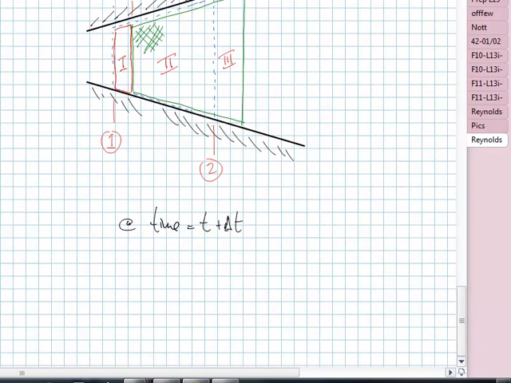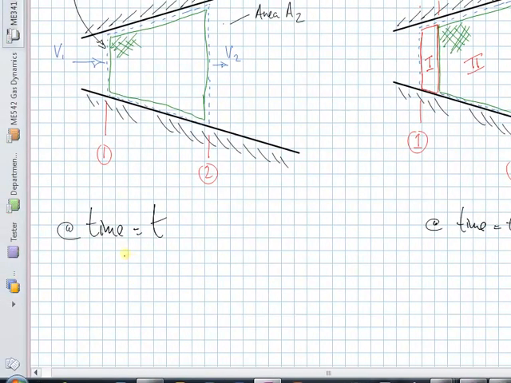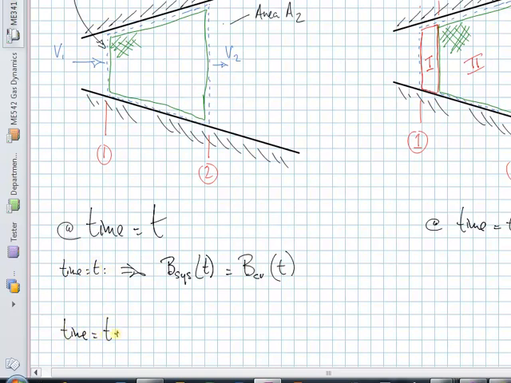All right. So at time equals t, both the CV and the system are the same. So let's write that down. At time equals t, whatever extensive property of the system is equal to the extensive property of the control volume. However, at time equals t plus delta t, not so true.